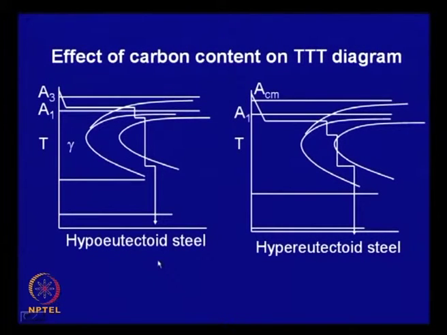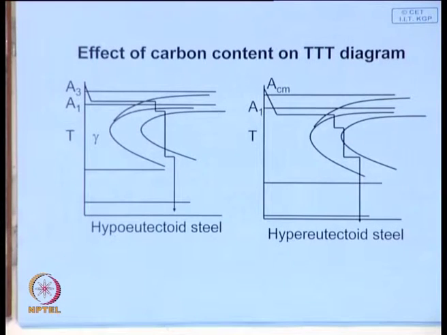Now, a quick look: so long we looked at only the eutectoid steel. What happens if the carbon content changes? In that case, the nature of the CCT diagram will change. There will be some transformation even before the eutectoid temperature is reached.